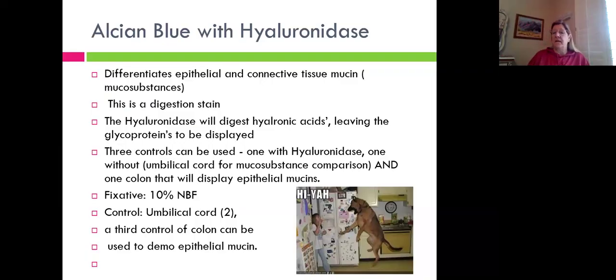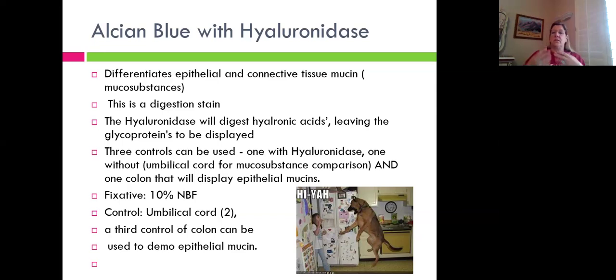Then we have the Alcian blue with hyaluronidase. Again, this is a comparison study. So you're going to have 2 patient slides, identical sections.